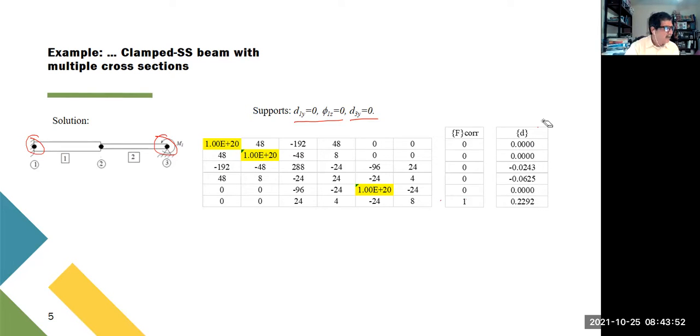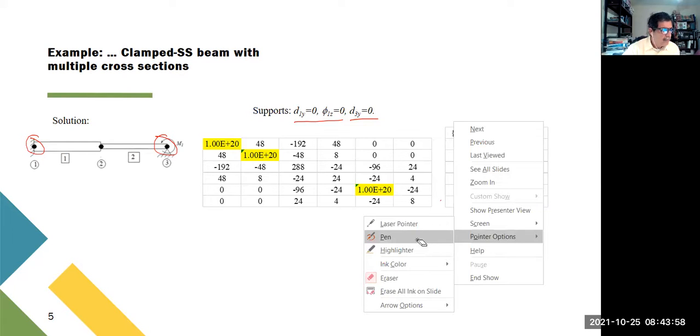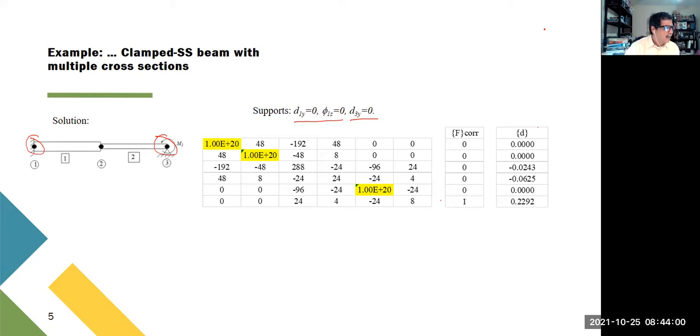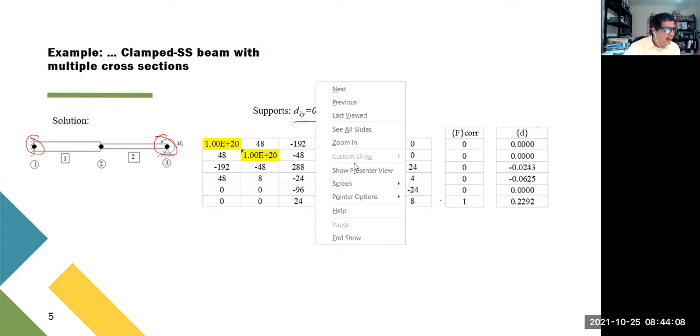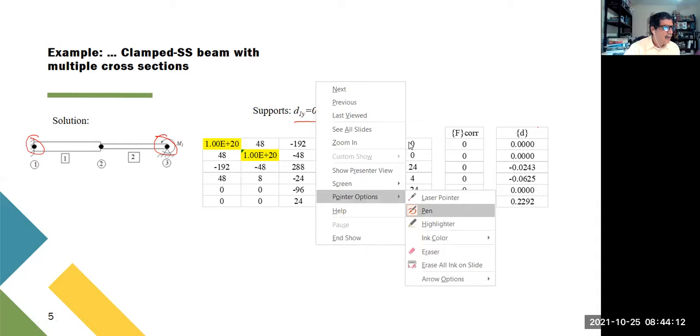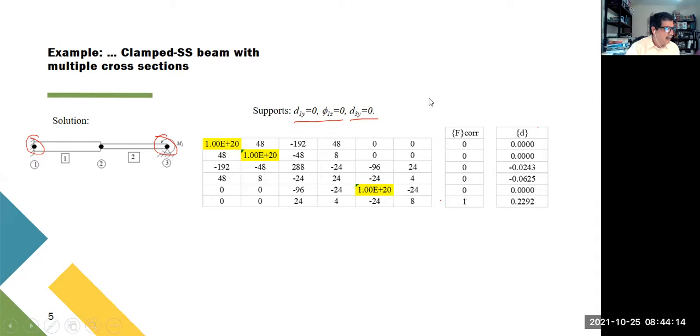We can try to show the... I can't find the pointer now.